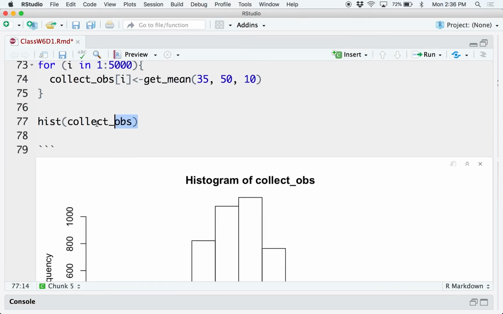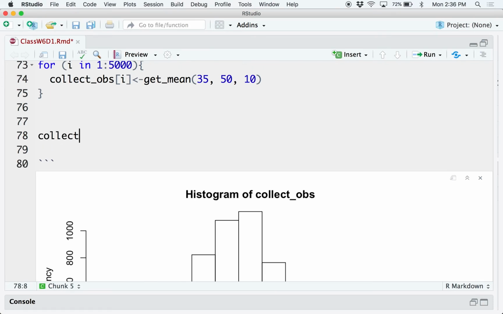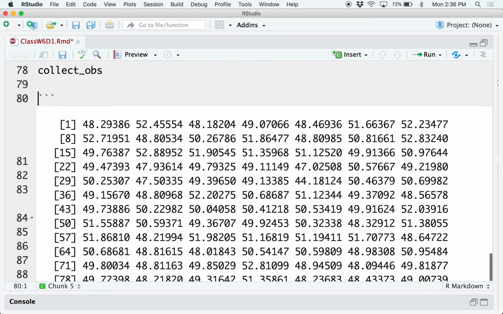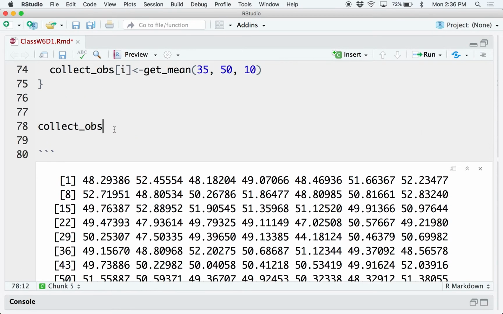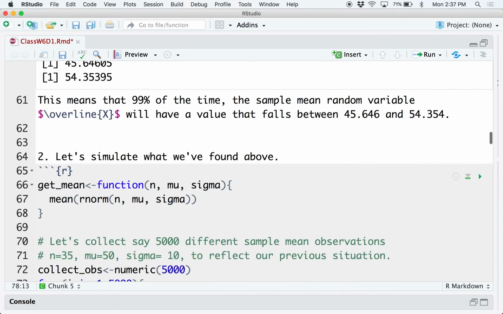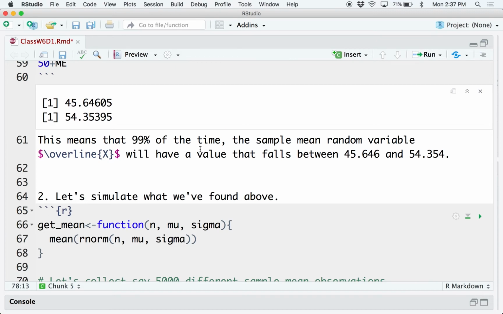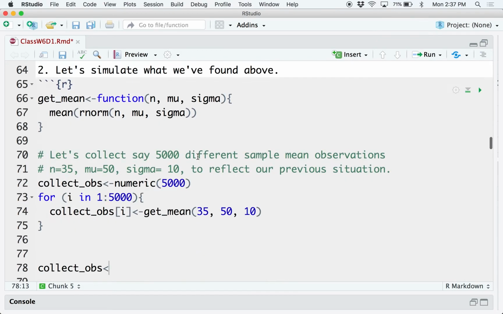But we can do one better. This collect obs variable contains all of the sample mean observations. So let's check how often collect obs is below our lower limit, 45. I'm just going to copy and paste this, might be easier.